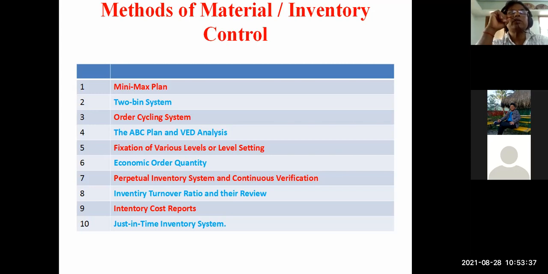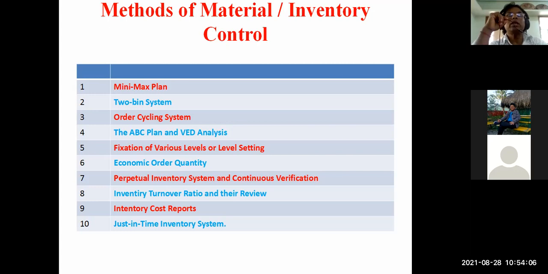So A, B, C. A group of materials will be those materials which are very small in size but high in value. You may say smallest in size. See, this is the size of a diamond. Smallest in size but highest in value. This is one group, that is A category. And C category will be highest in size, bulky, but lowest in value, that is C, and the moderate ones will be coming to B. Those who are almost moderate.